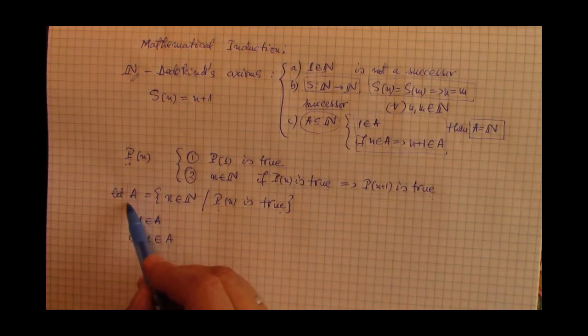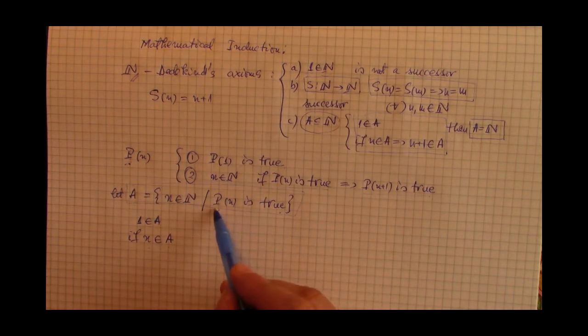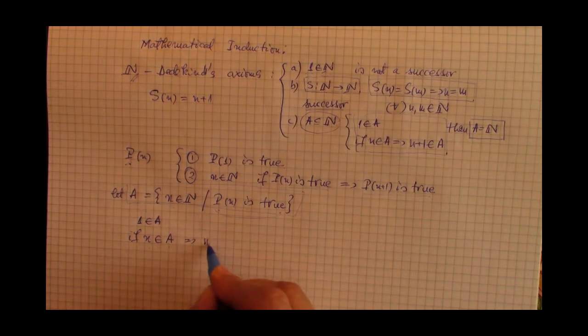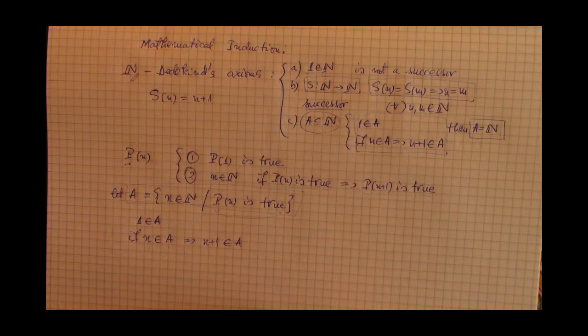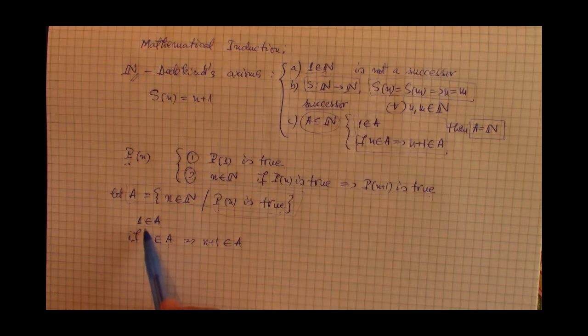Well, if we look back at A, P of n plus 1 being true means that actually n plus 1 belongs to A. So actually us proving these two statements equates to 1 being an element of A, and with the fact that if n is in A, then n plus 1 is in A.